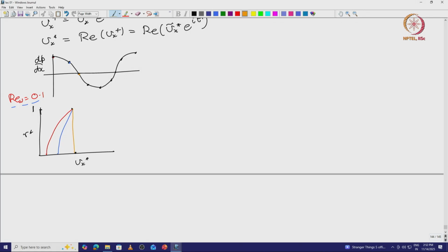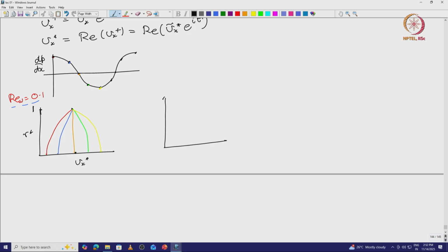And then here, at this point, you get something that goes like this. And finally, at this point the pressure gradient is negative and therefore, the velocity is positive. You get something that goes like this. So, these are the kinds of velocity profiles going back and forth that you get as part of the cycle when this parameter Re omega is small.